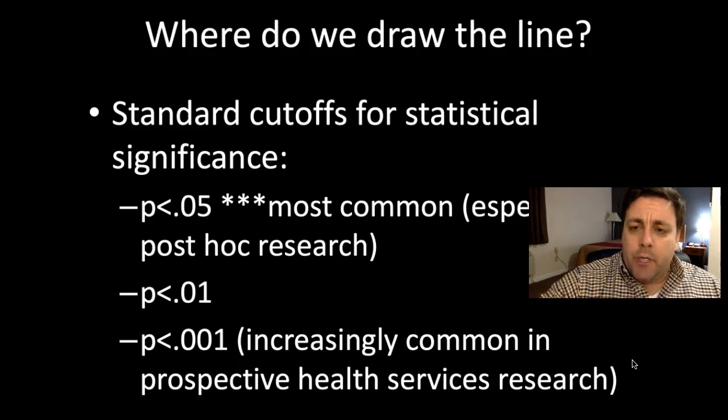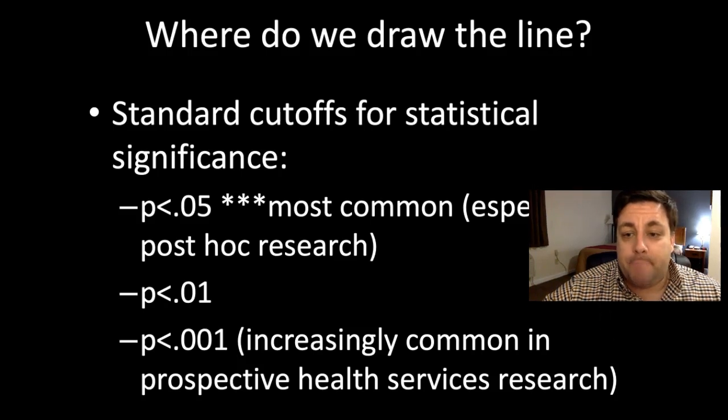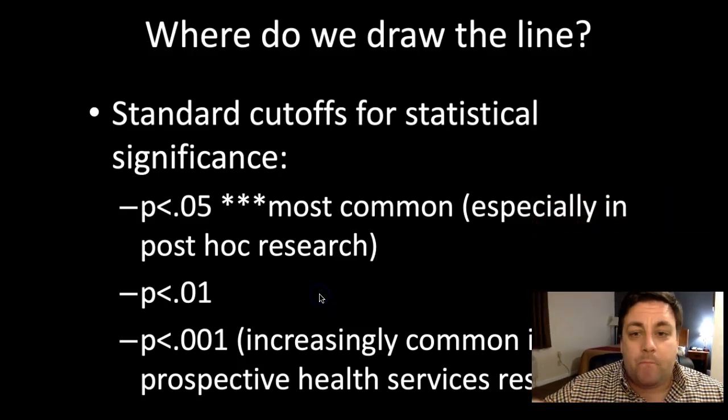But what you should know is that oftentimes in health services research, we want a stricter, lower p level, because that means there's less likelihood that our results are due to chance, and that the effect is actually due to whatever independent variable we're studying, either a medication or a treatment or a problem of some kind.